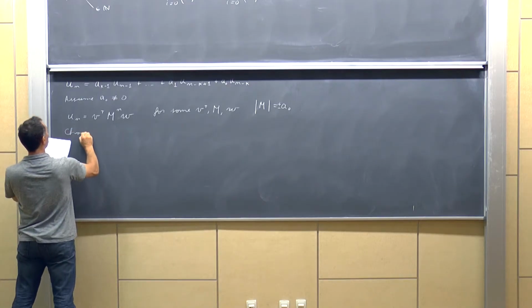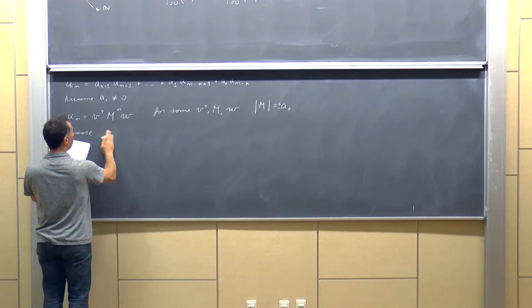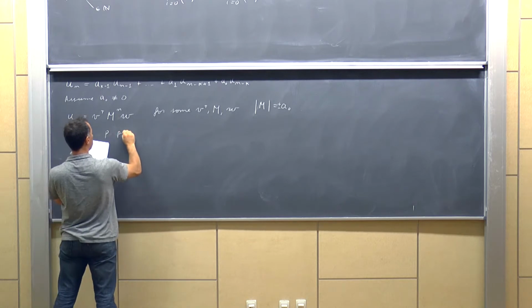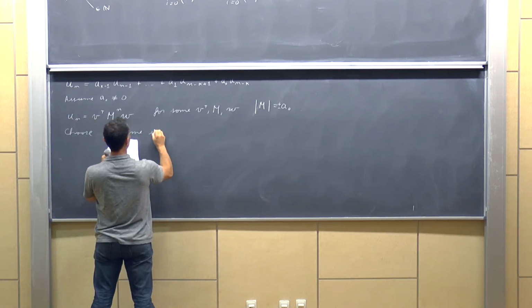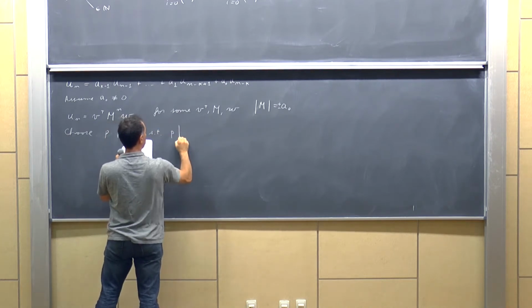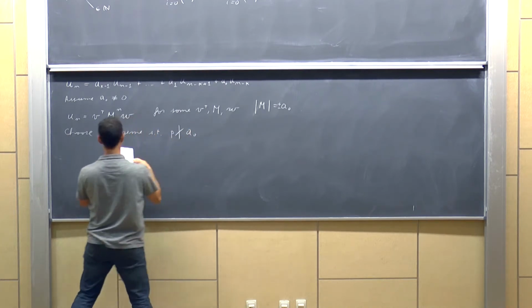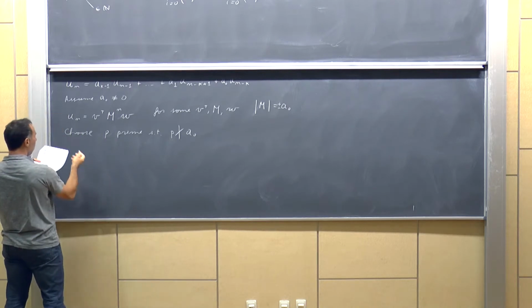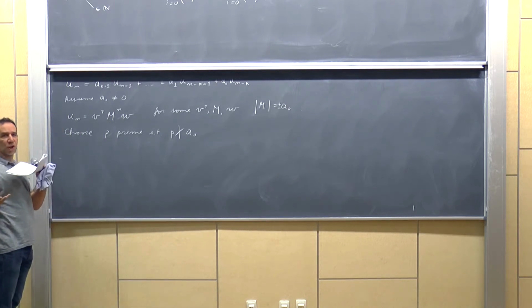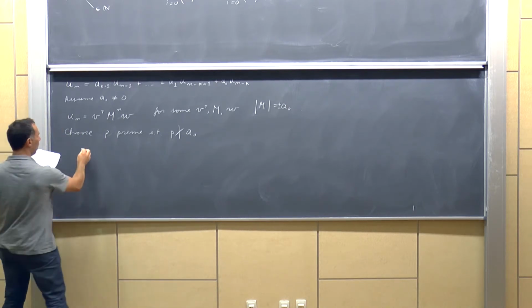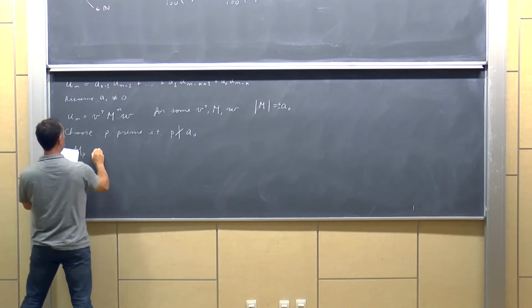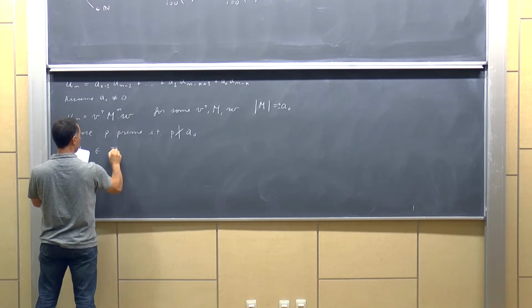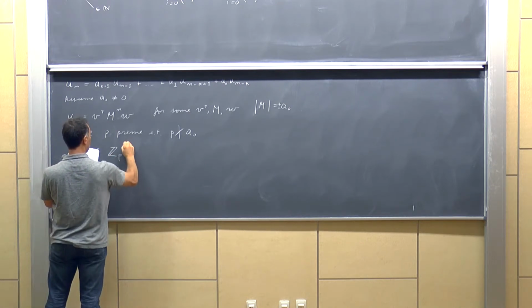So choose a prime P such that P does not divide a0. And now I'm going to look at the projection of M into Z_p k cross k. So I'm going to write M_p.